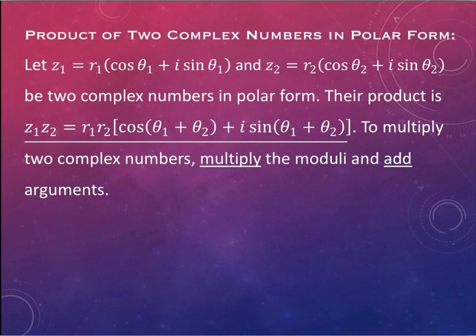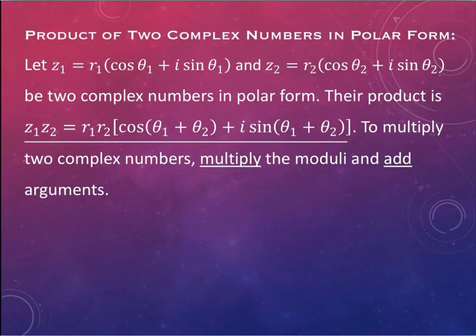So if we multiply z1 times z2, what we do is we multiply the real components in front. That's friendly, right? You're going to multiply the real numbers, r1 times r2. And you're going to add the angle measures inside of the sine and cosine components. All right? So it's very clean. It's very straightforward.